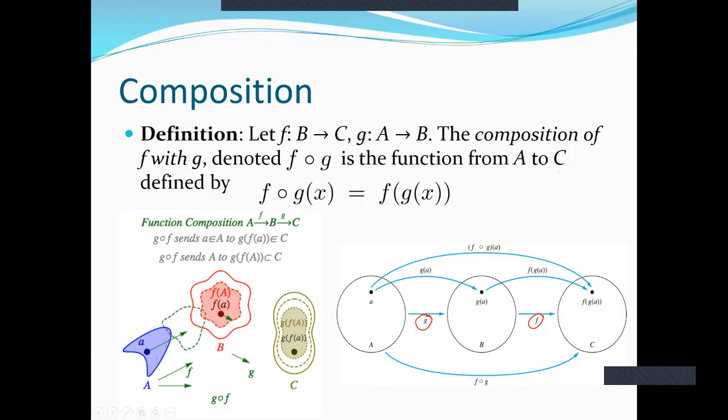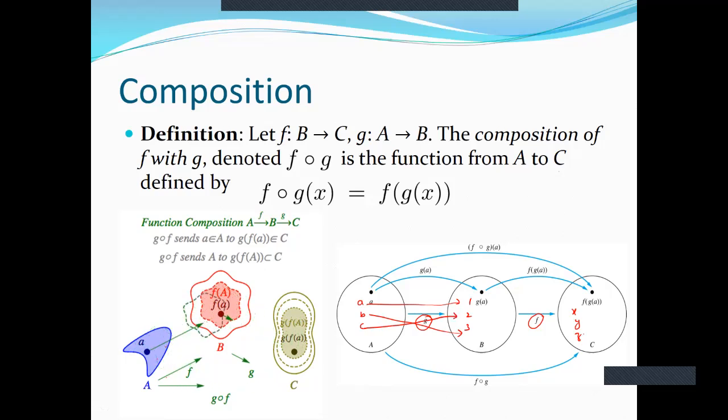What does that mean? Let's take one example. Say this is A, B, C. This is 1, 2, 3. This is X, Y, and Z.